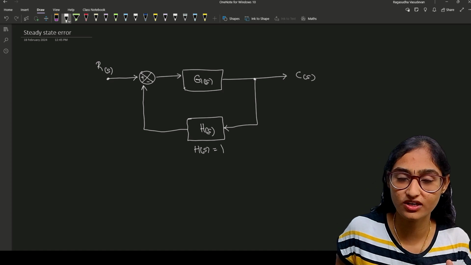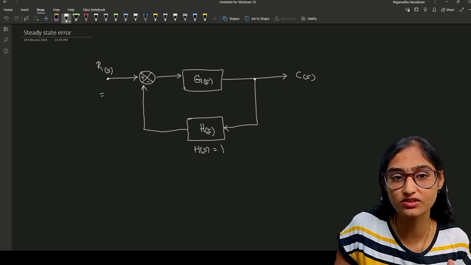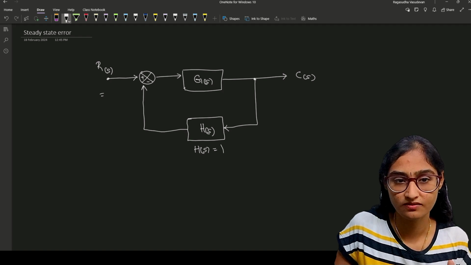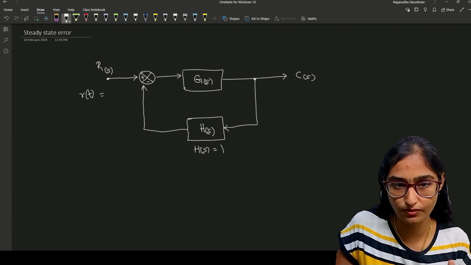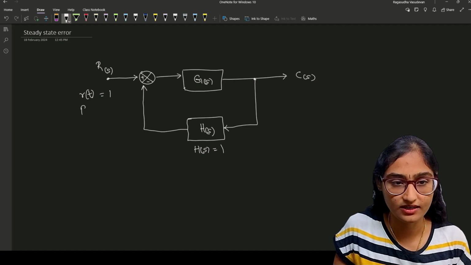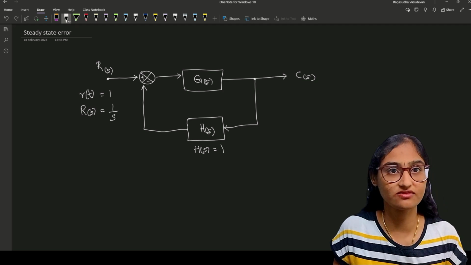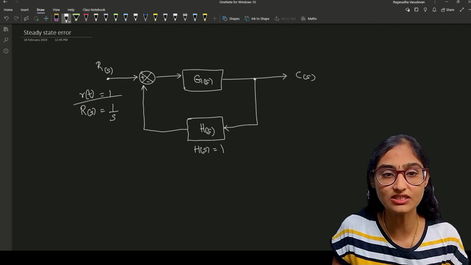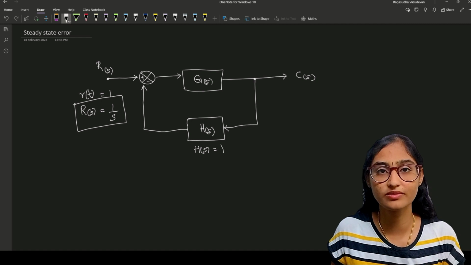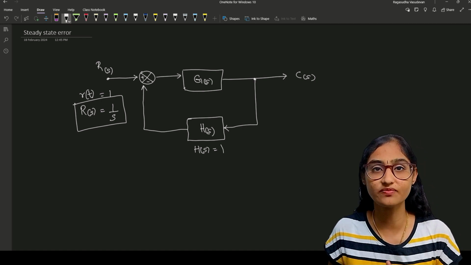Okay. So for a unity feedback system, consider that R(s) is a unit step input, which means r(t) is 1, and if you take the Laplace transform, R(s) is 1/s. So for this input, what will be the output? We will first look at that and find out the error term in it.